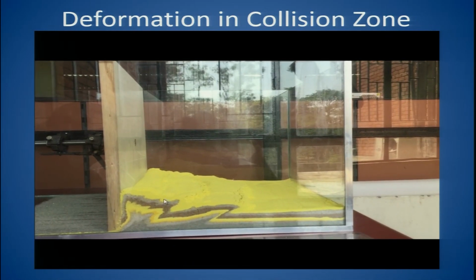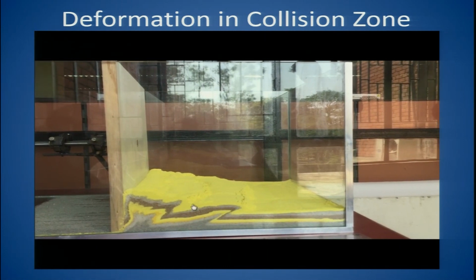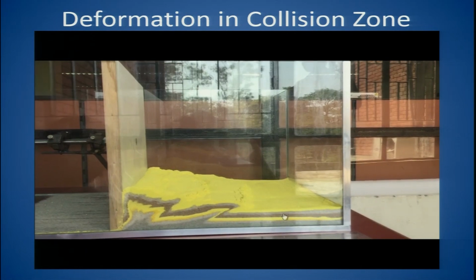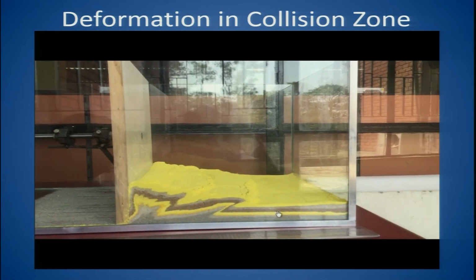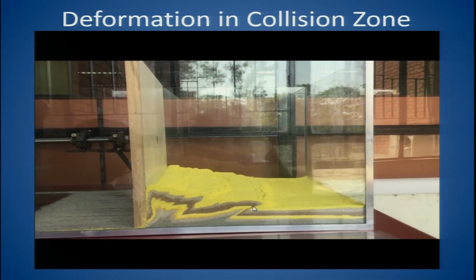The time will come that this block, the older one, will stabilize and the deformation will be passed on to the next zone of deformation in the frontal part, that is towards the foreland side. So now you can see that this is getting bent here.